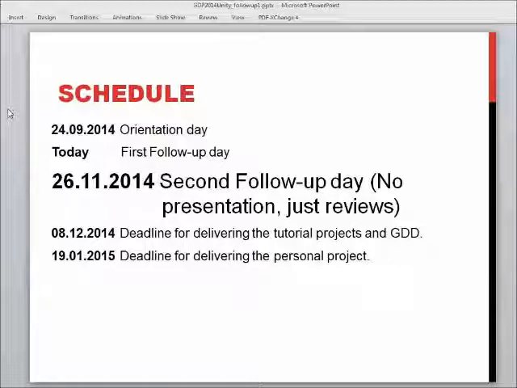One thing I should point out, for the audience, both present and online, is that the second follow-up day is also set. The first follow-up day is today. After this brief reminder, I'll go to the actual talk of the day. But there's also the second follow-up day, which is in 4 weeks. Or is it 3 weeks? Well, anyway, at the end of the month.